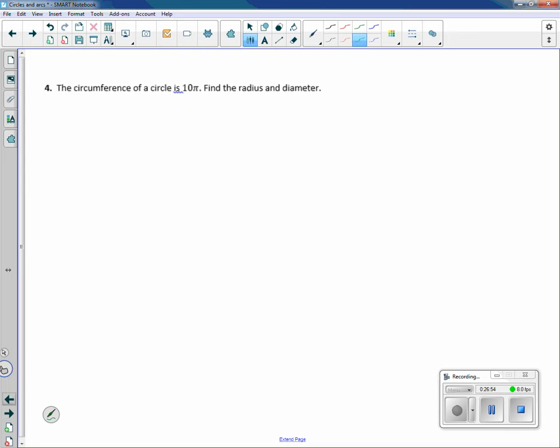It should say 30, right? Go ahead and solve. Put that one in an equation. So, circumference is 2 pi r. They tell you the circumference is 30. I don't have any pi's to cancel out.